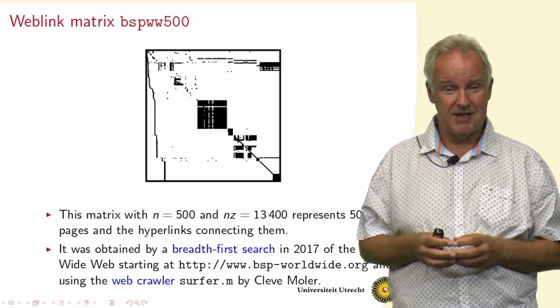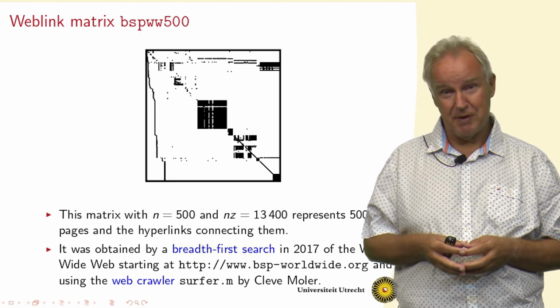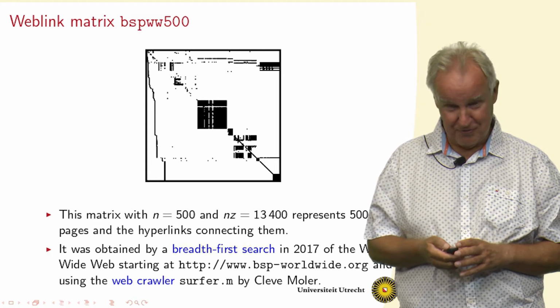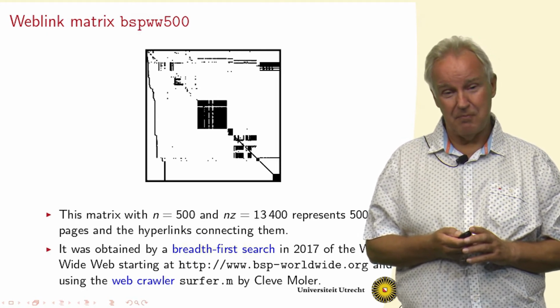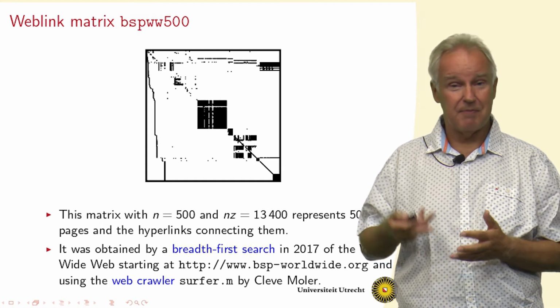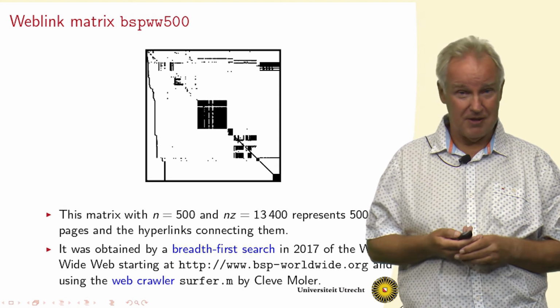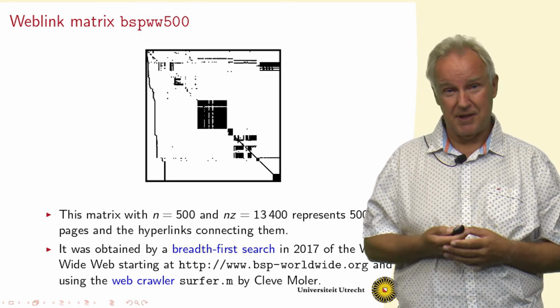And here you see the result. It's a sparse matrix with a dense block in the middle, which actually is the University of Leuven. We can multiply this matrix with this initial vector of all ones, and obtain from that what are the important pages.